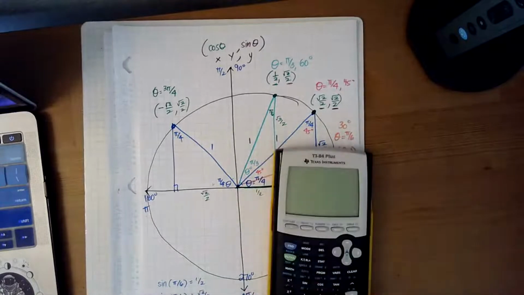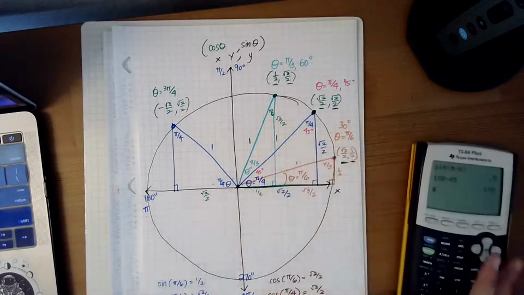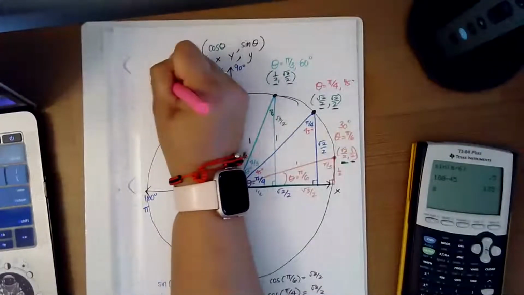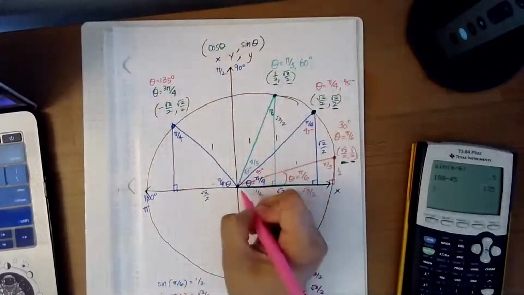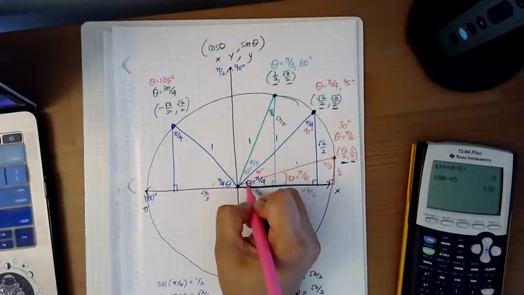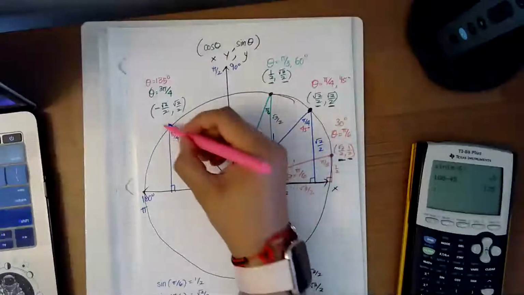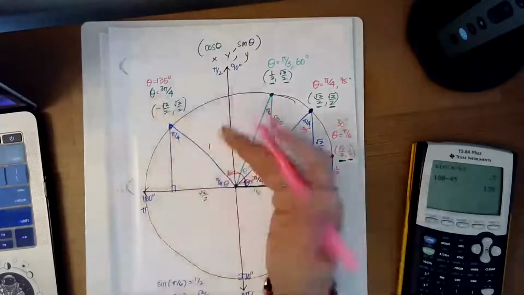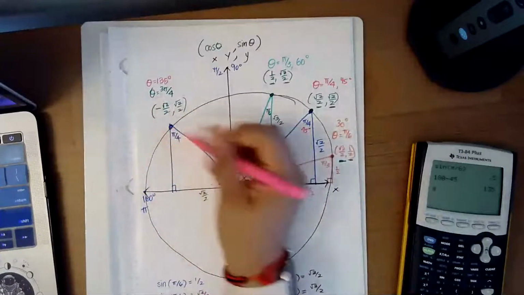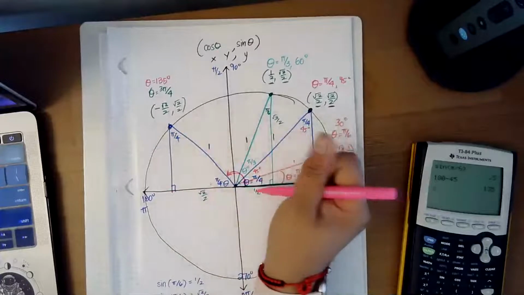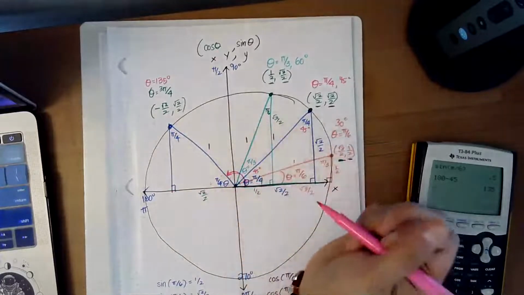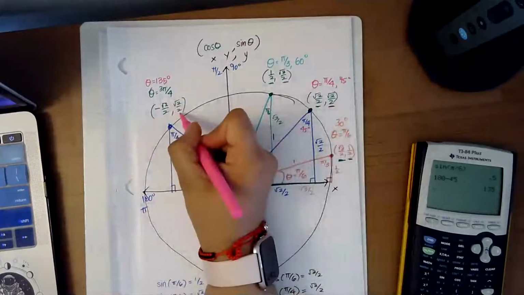Think about it. 180 minus 45, 135. So my theta here is 135 degrees. Remember those terminal angles, this angle right here is 135 degrees. But we always reference against the x-axis. So the triangle that I'm using is this guy right here, but the angle I'm still looking at is that guy. Okay? So I have a negative now.